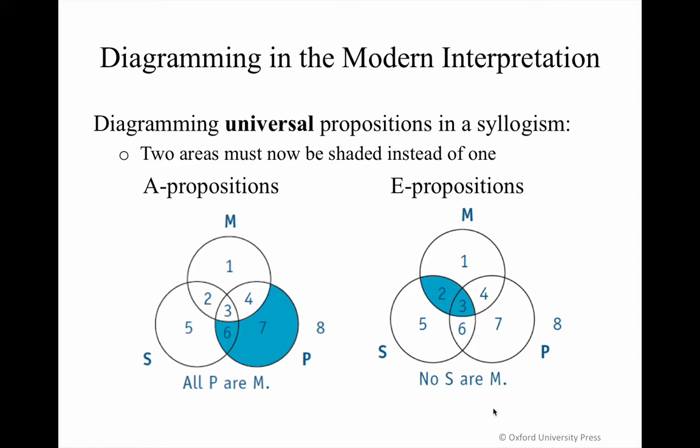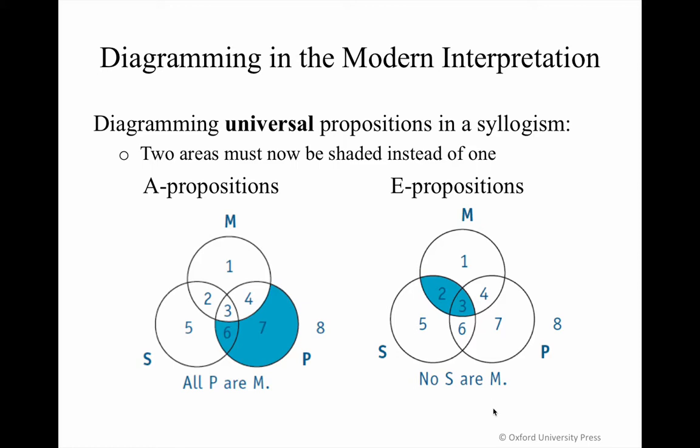Lastly, you will always only diagram one premise at a time. In other words, take a look on the left side at the A proposition, all P are M. So that would be, because it's all P are M, a major premise. Notice that area 6 is shaded.